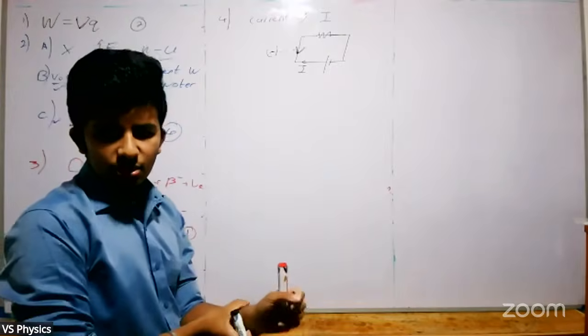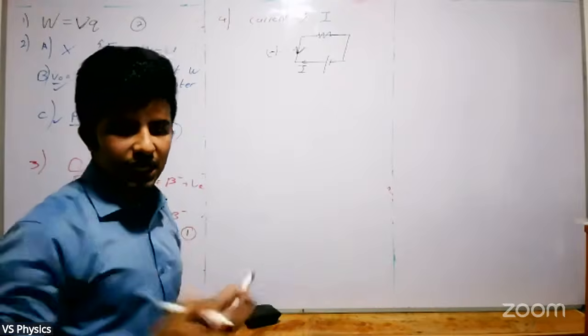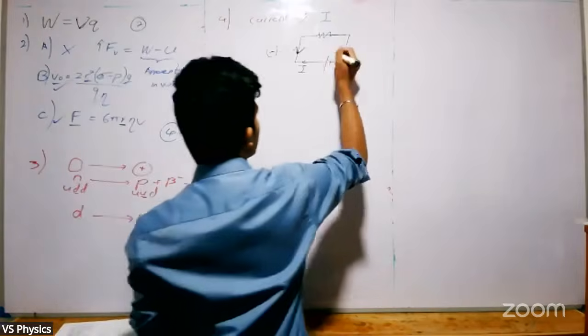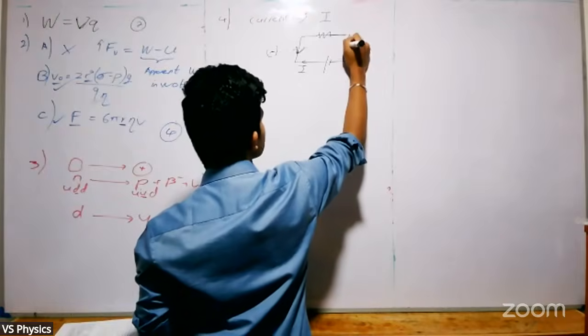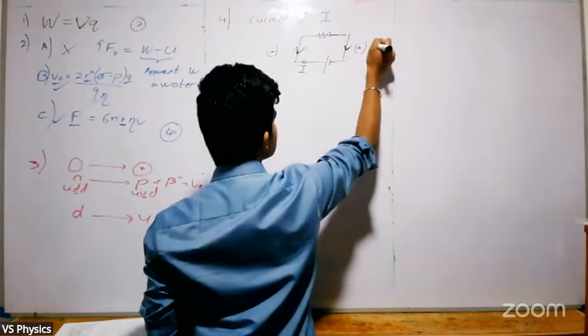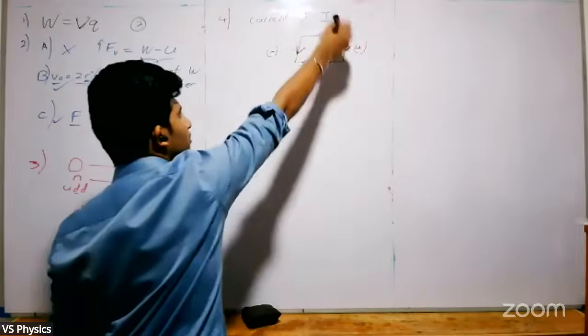What else? Current can also be mentioned as positive charges flowing from positive to negative.